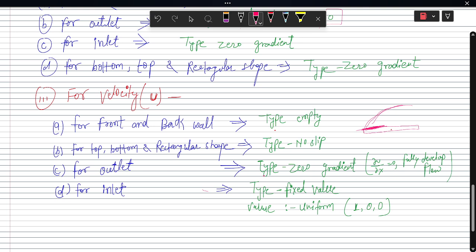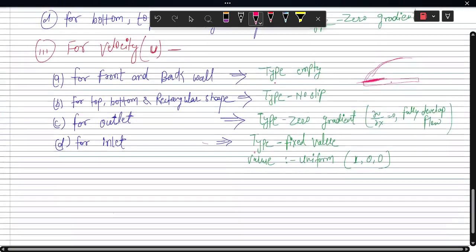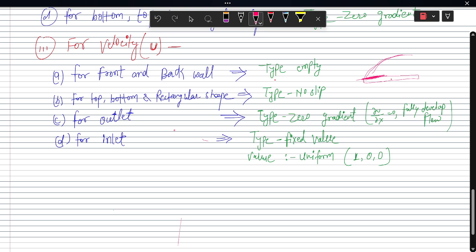Lastly, for the inlet, the type is fixed value and the value is uniform, which is 100, as we assumed before: ux is equal to 1 meter per second, uy is equal to 0, and uz is equal to 0. Therefore, it makes a row matrix, and this is 100.